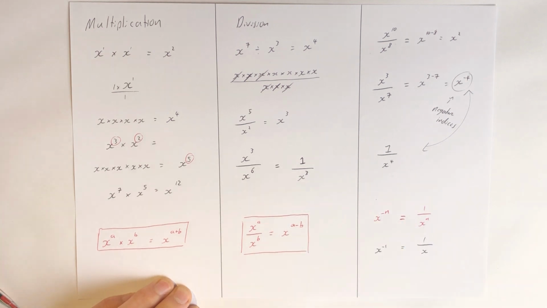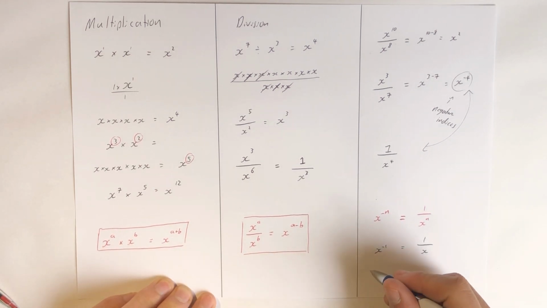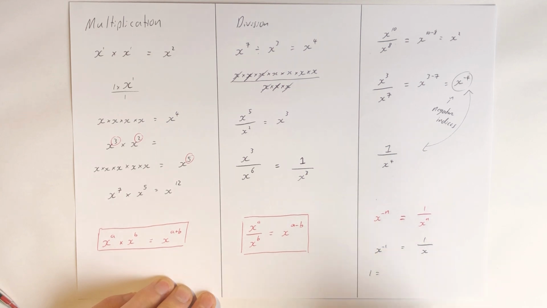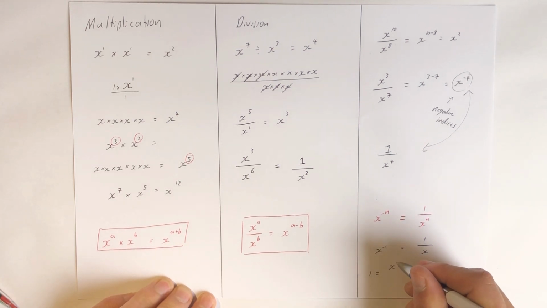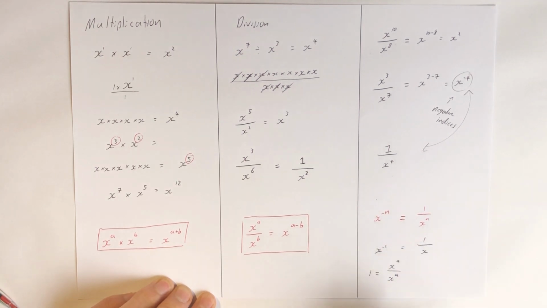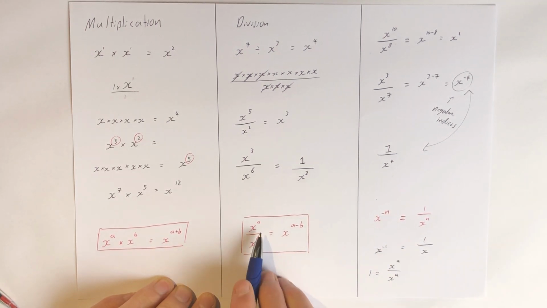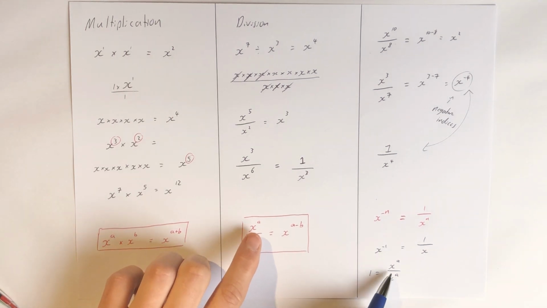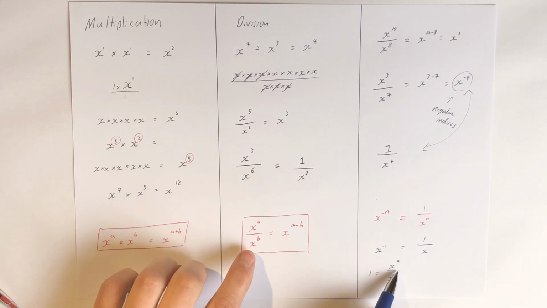We can use this now, mixed with our multiplication, to prove something quite interesting. 1 is just anything divided by itself. So x to the anything divided by itself. But we've just seen in the division rule that that's just subtracting powers.